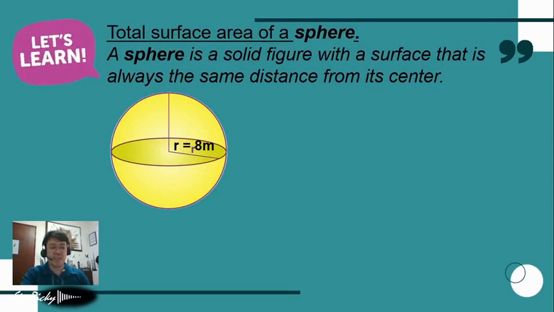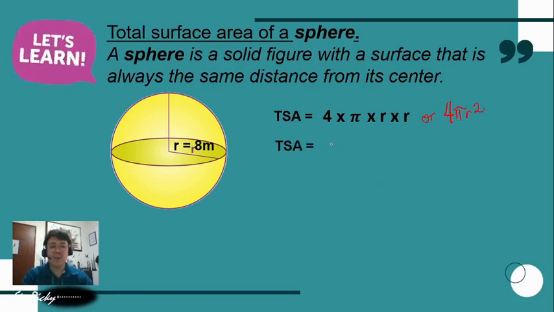So as you can see here, the radius of this sphere is equal to 8 meters. To get the total surface area, we can follow this formula: 4 pi r squared, or 4 times pi times r times r, wherein pi is equal to 3.14.